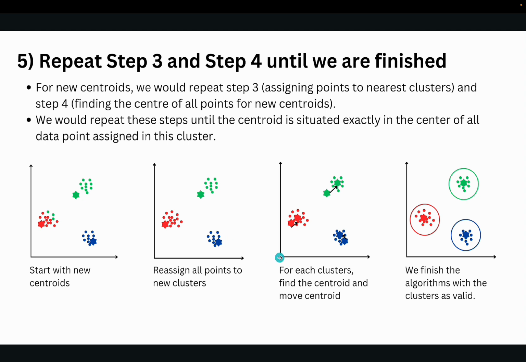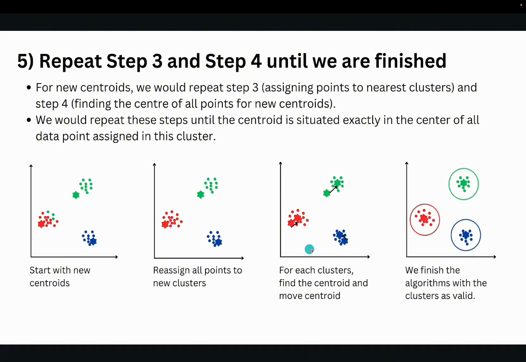We will run step 4, in which we will find center for all these assigned centroids. So in this example, previous center was here, but we found this red to be a bit in the middle, we found this green to be a bit in the middle, and then we found this blue to be a bit in the middle.